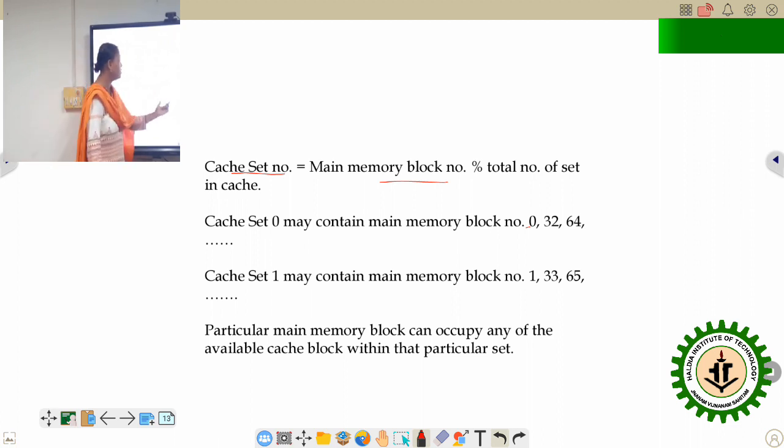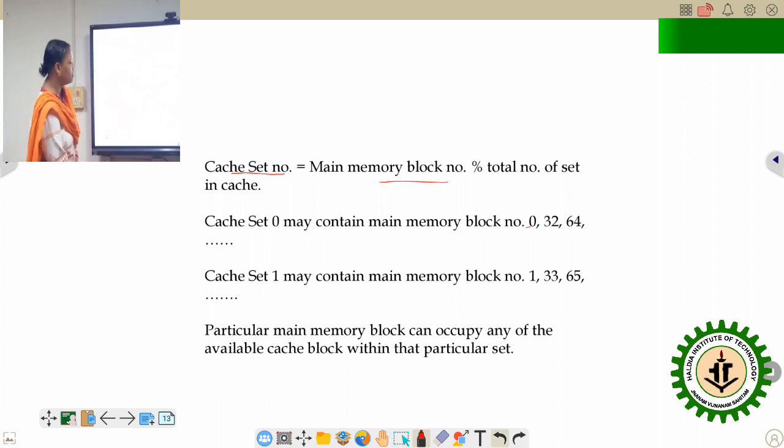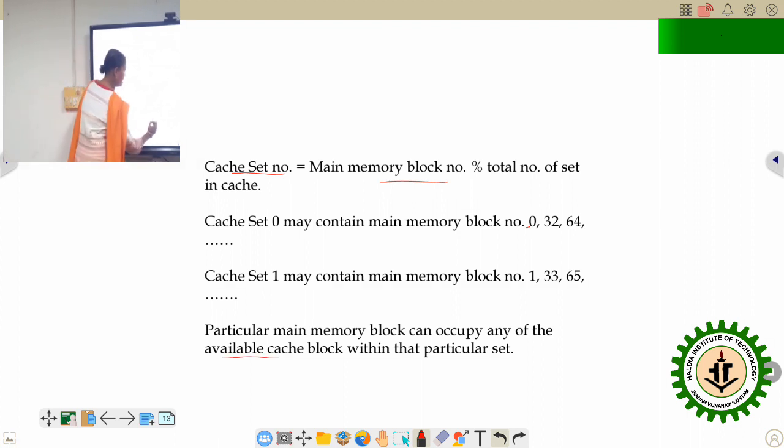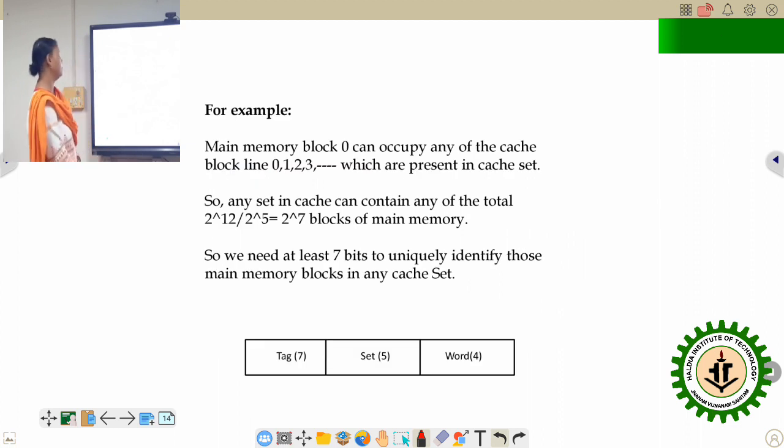Similarly, cache set 1 contains main memory block numbers 1, 33, 65, and so on. A particular main memory block can occupy any of the available cache blocks within this set. This part comes from fully associative mapping, so it is a combination of direct mapping and fully associative mapping.